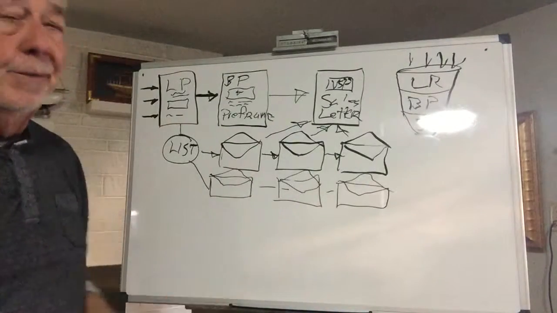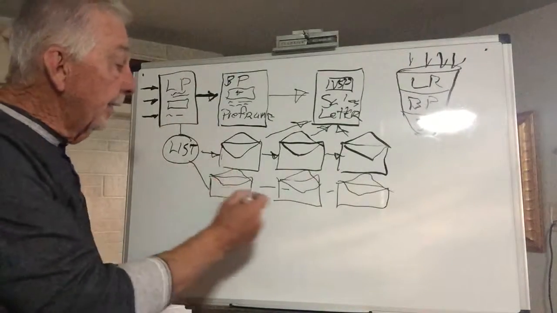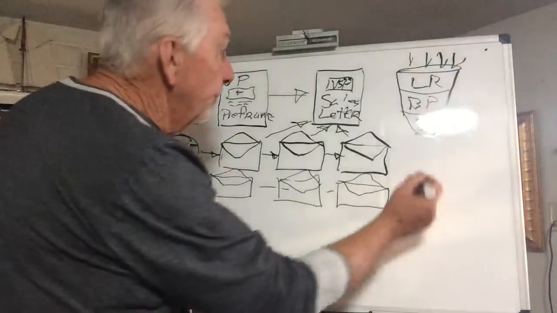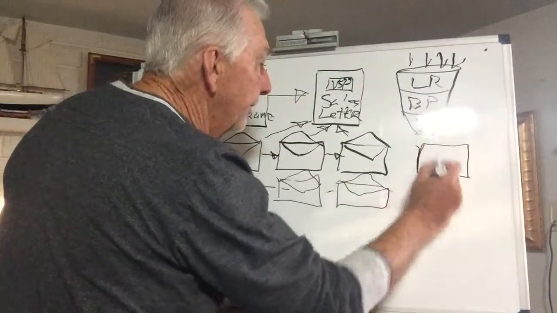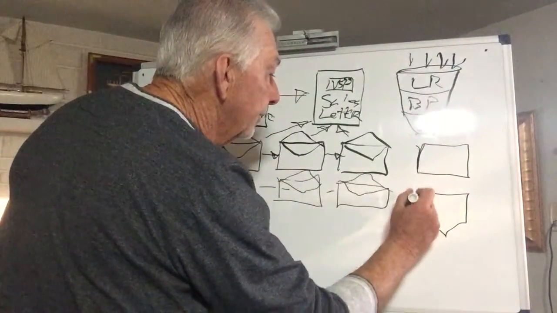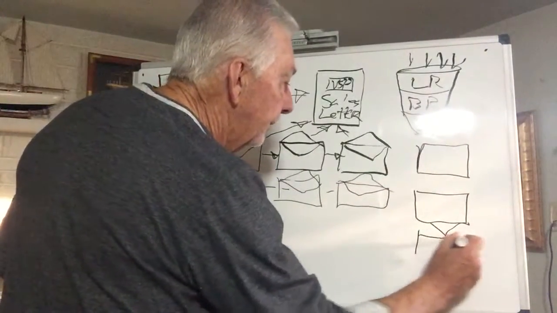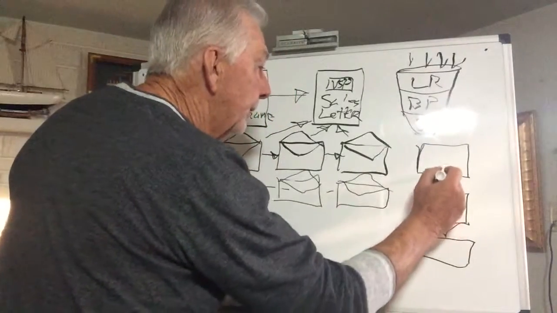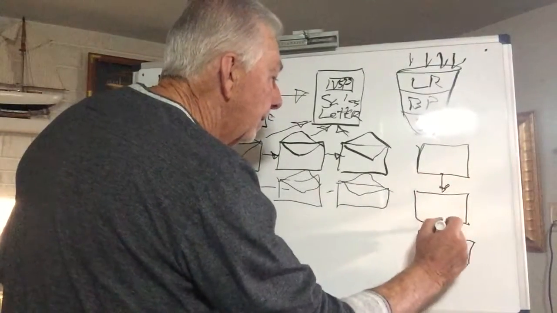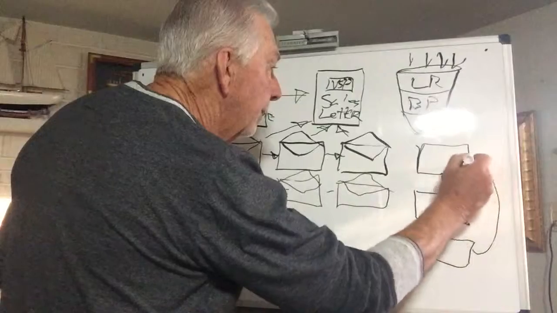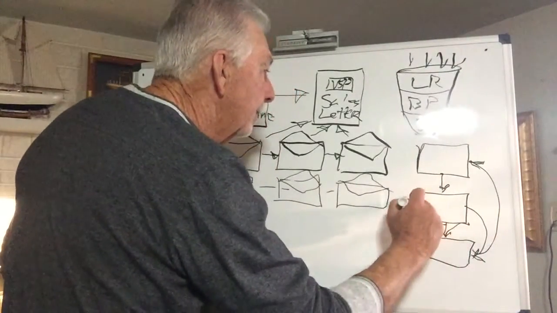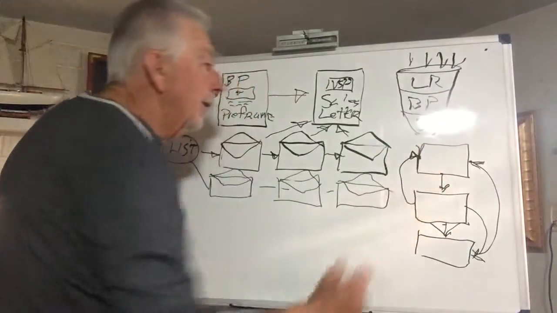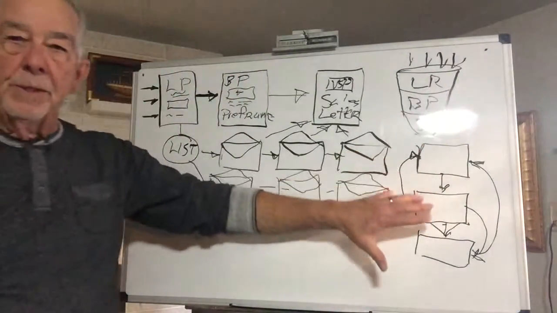So forgive me. But anyway, and then you can do this, and then you can possibly have another offer that's out here, and you could have two or three of them. And this is what you call your world.